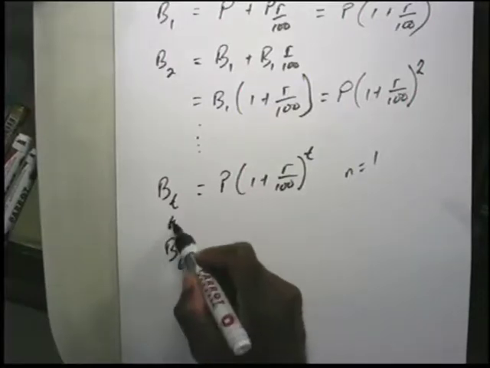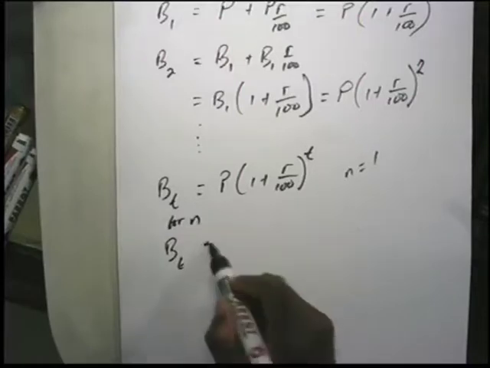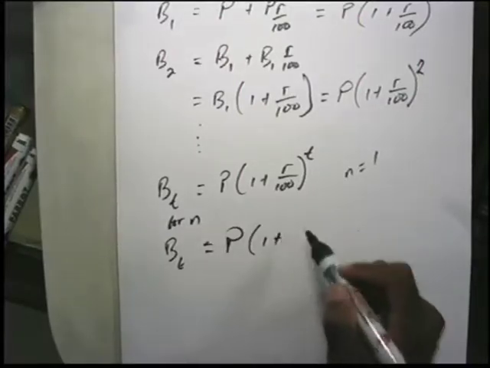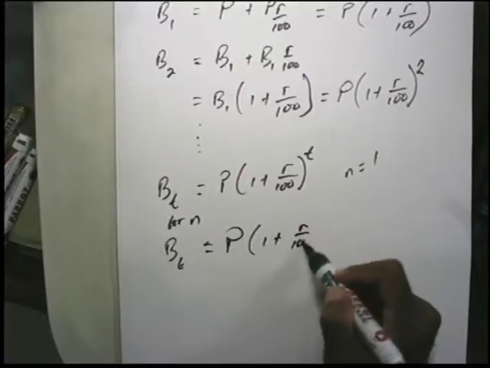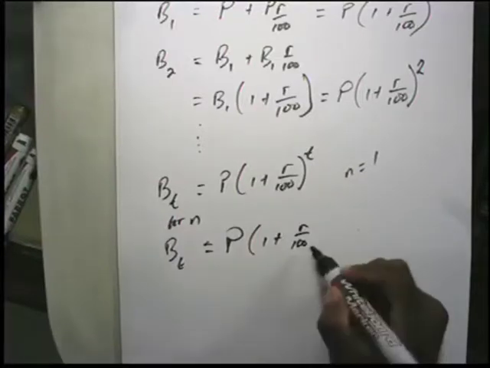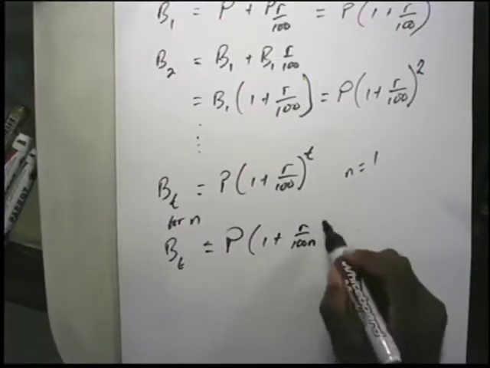So for N, you will have BT is equal to P times 1 plus R over 100, but then at each compounding you divide this by N, the number of compoundings in a year.